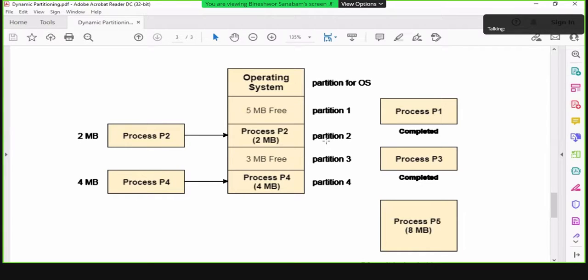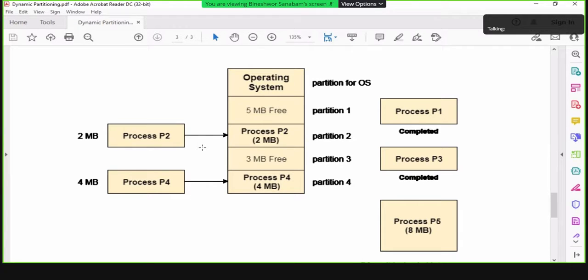Even though the storage has 8 MB of free memory and the process requires 8 MB, we cannot allocate P5 as the free memory locations are not in a contiguous manner.